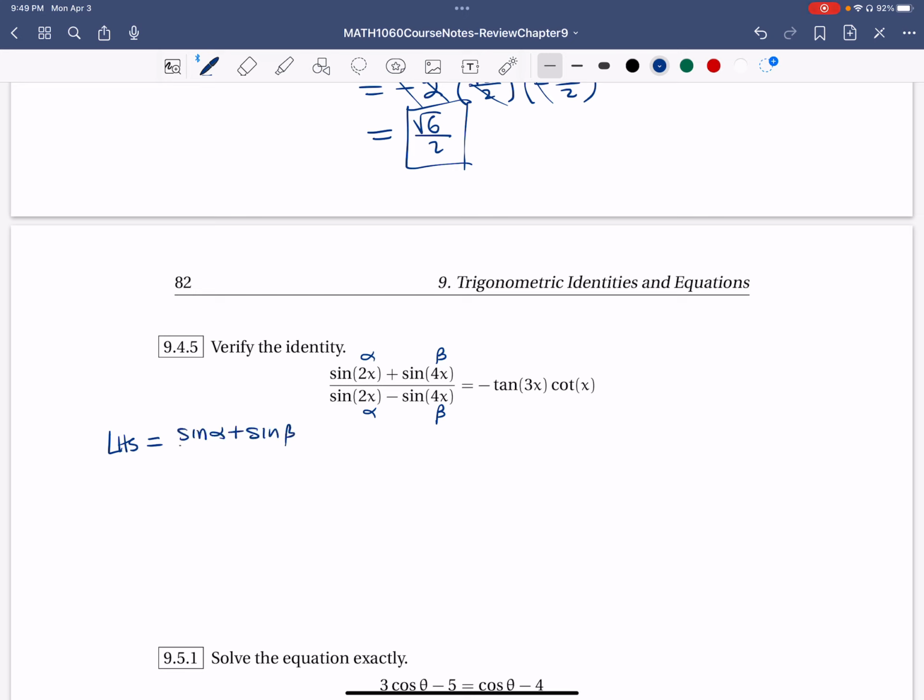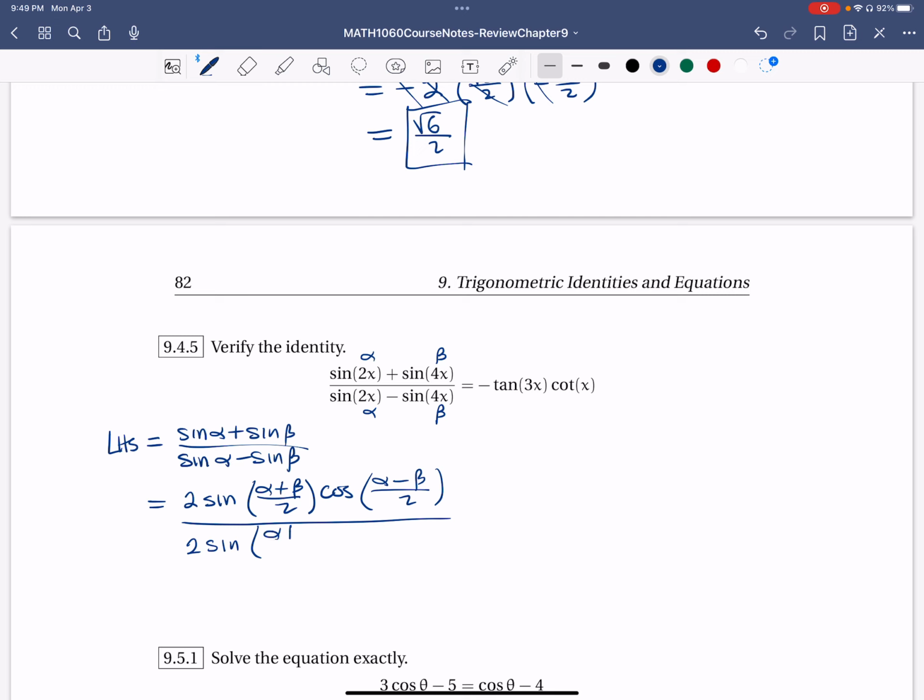And then if you look at your sum to product formulas, again, you can say the numerator of that fraction is 2 times the sine of (alpha plus beta) over 2 times the cosine of (alpha minus beta) over 2. And the denominator is going to be what? 2 sine of (alpha minus beta) over 2 times the cosine of (alpha plus beta) over 2.